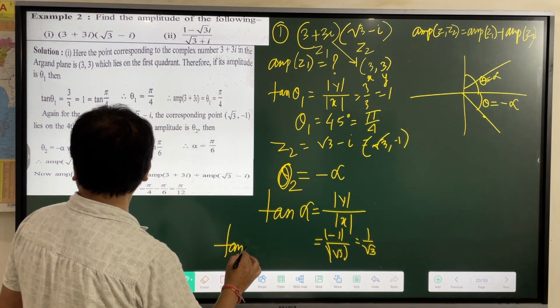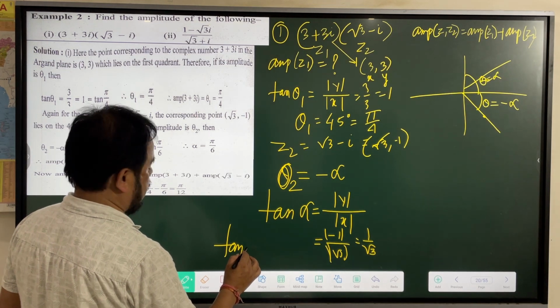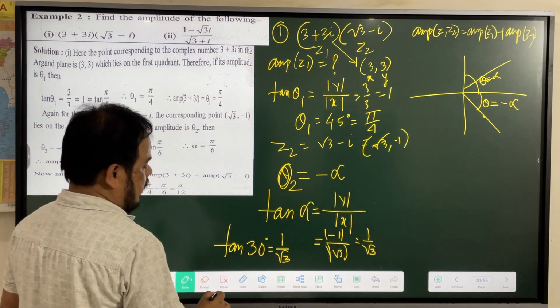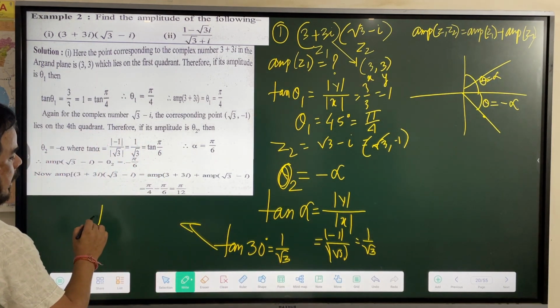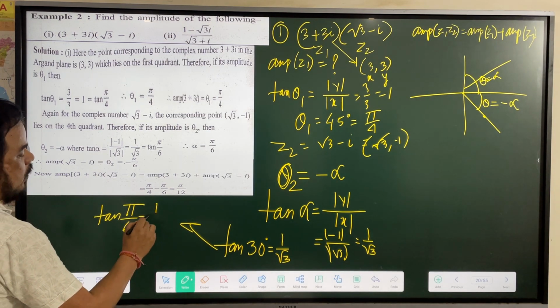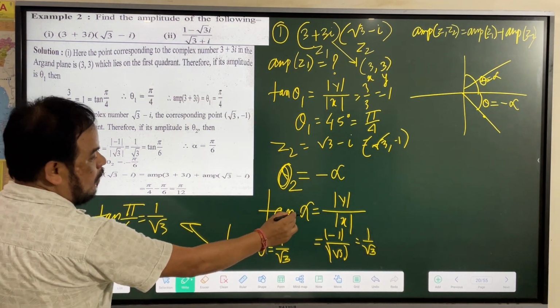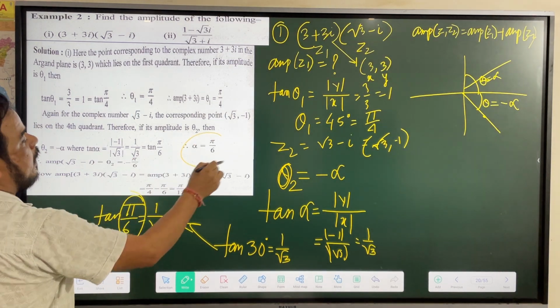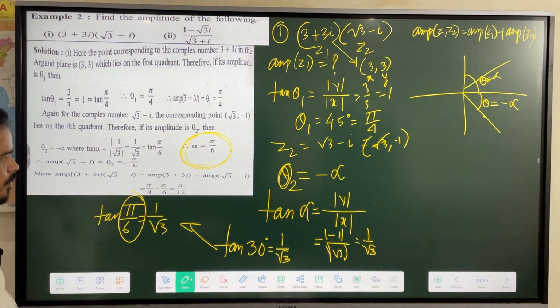Tan 60 degree, yes, 30 degree. Tan 30 degree equals 1 by root 3, or tan pi by 6 equals 1 by root 3. In place of alpha we have got pi by 6.